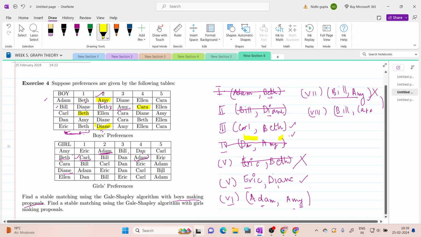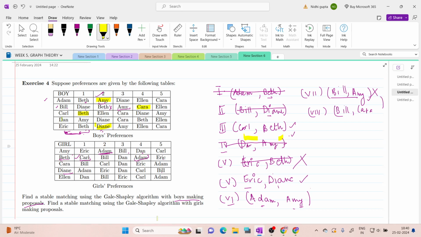Now the next free man is Dan. Dan has already proposed to Amy. Then the next preference for Dan is Diane. But Diane is already engaged to Eric. So Dan cannot go with her.